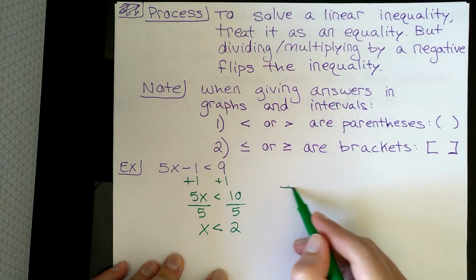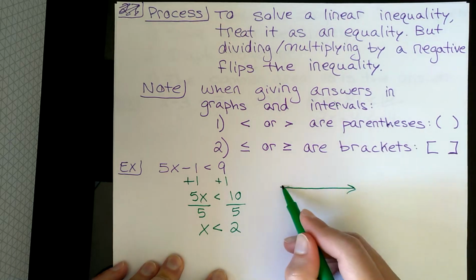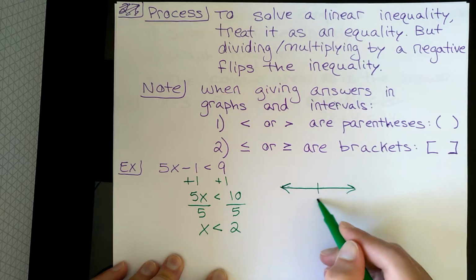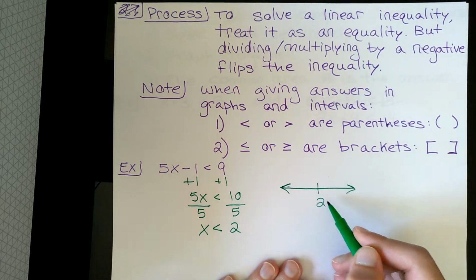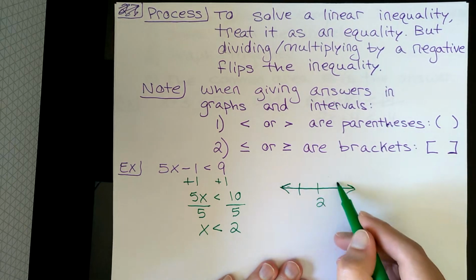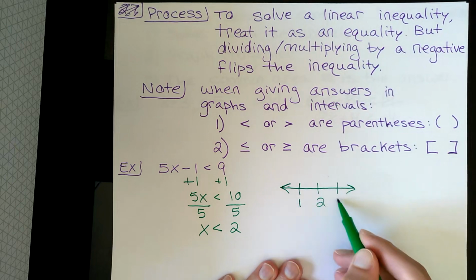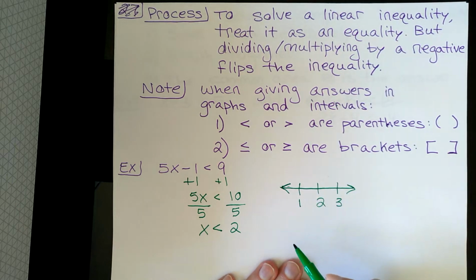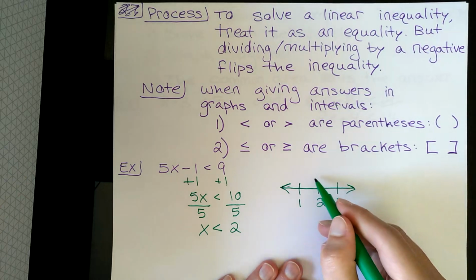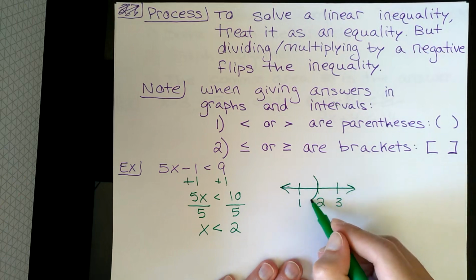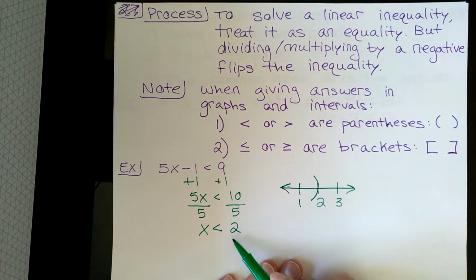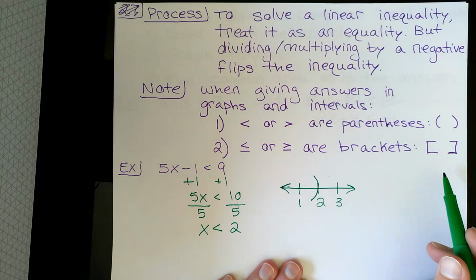So if we were to graph that, we would set up 2 and then just show a number to the left and right of it, so 1 and 3. And how do we graph every number that's less than 2? Well, we set up a parenthesis at 2, because we're not containing 2, we do not put a bracket.